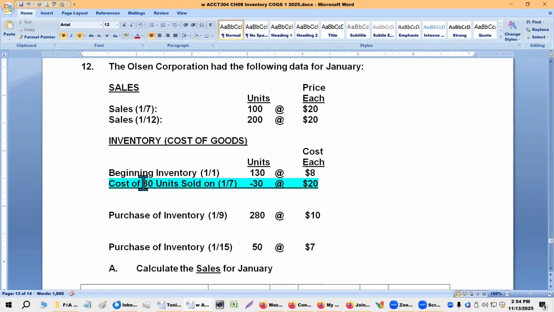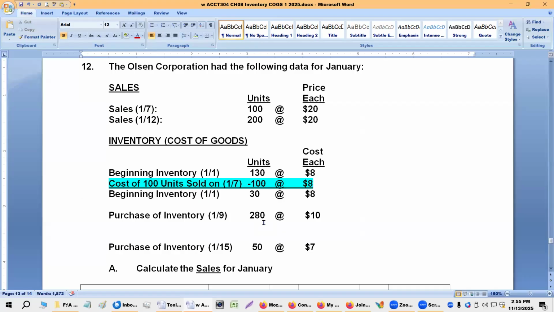We sold 100 units on 1-7. The cost of that was 8. And so we still have 30 in that layer.